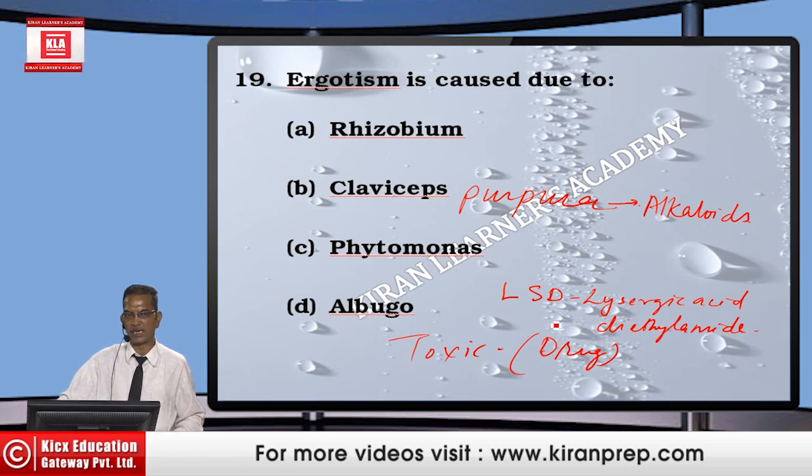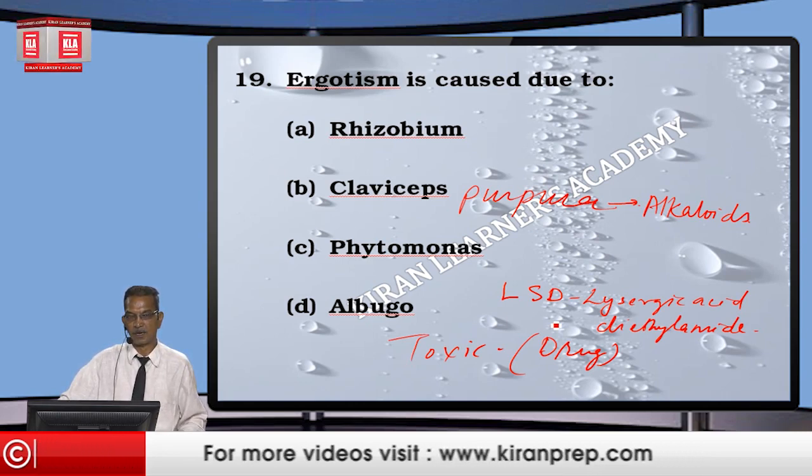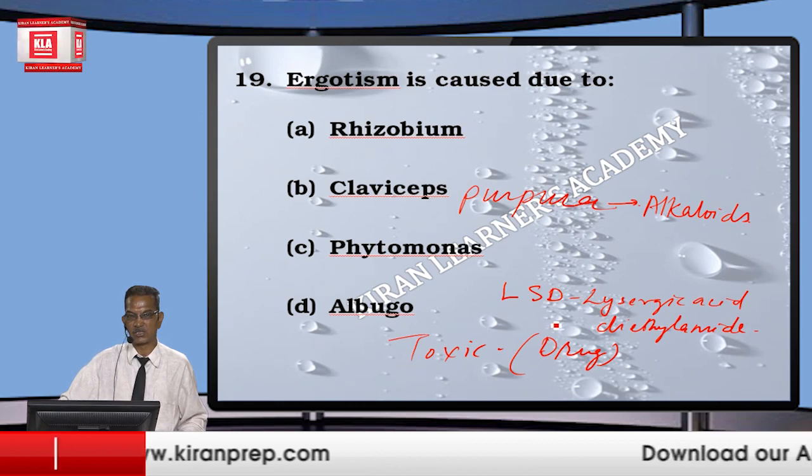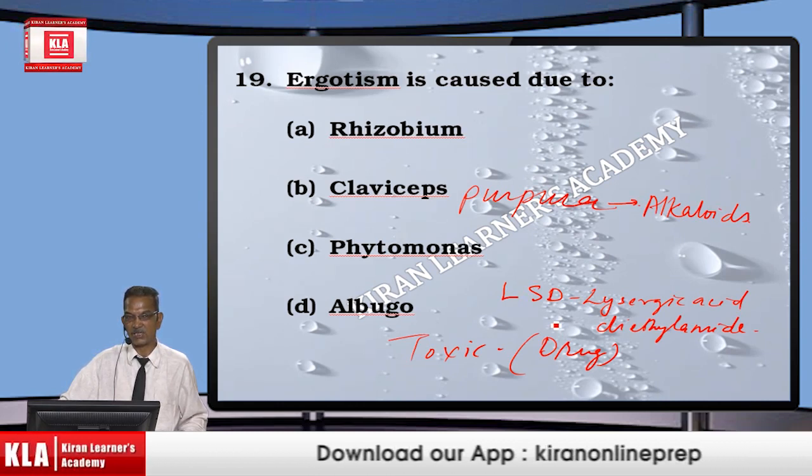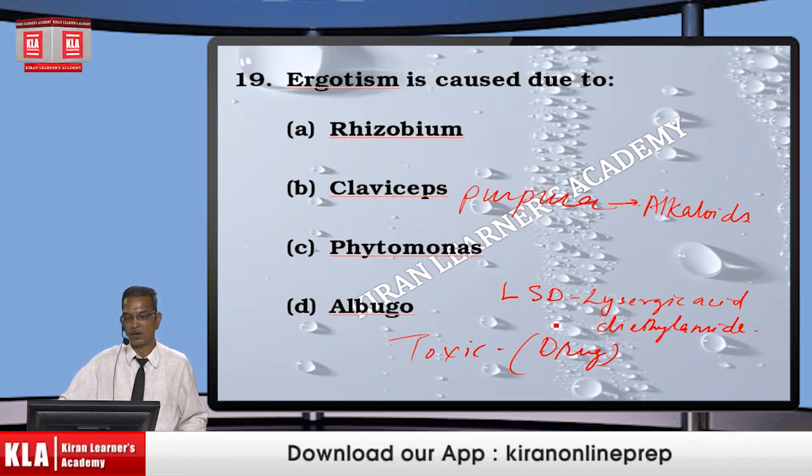Some of them take LSD, like marijuana, like charas, etc. And this LSD is extracted from the alkaloids produced by the Claviceps purpurea.